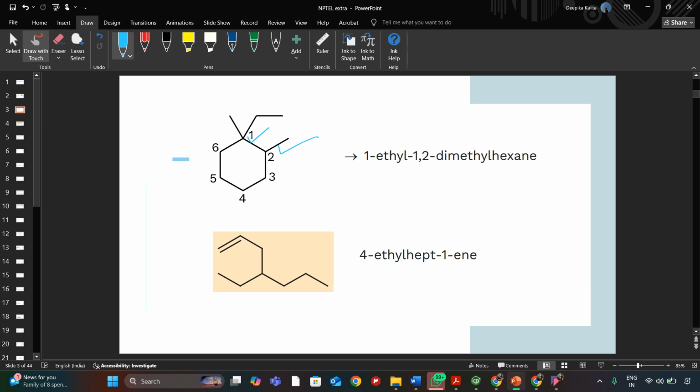Otherwise, if we choose any random carbon atom from the cyclohexane, the numbers assigned to the alkyl chains will be higher than 1, 1, 2. Now we will place the substituents according to the alphabetical order of the first letter.